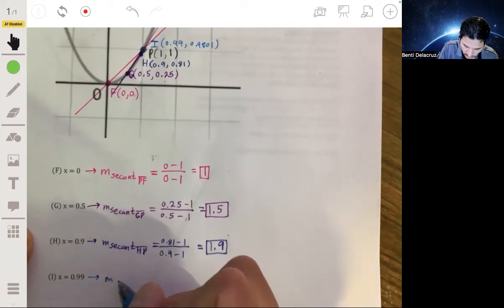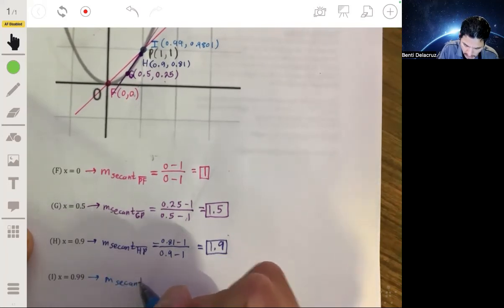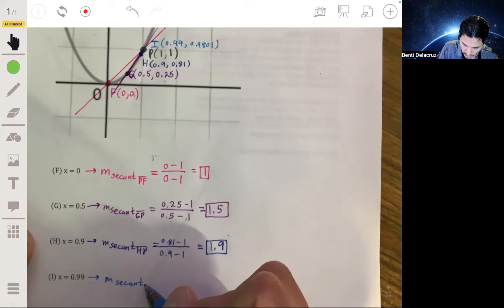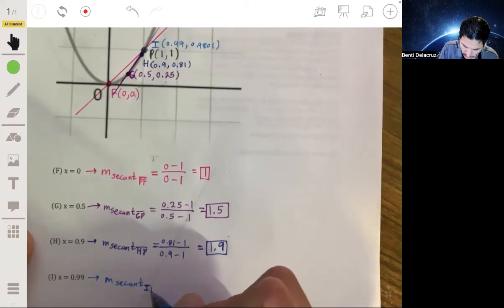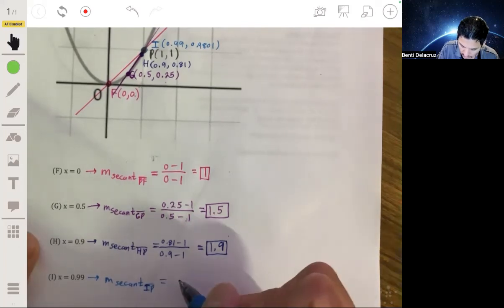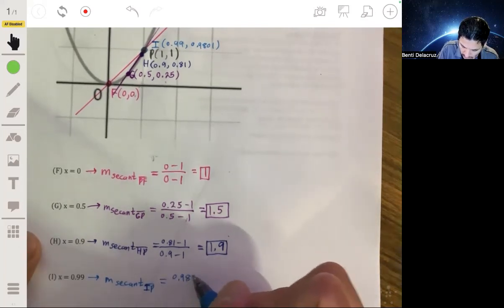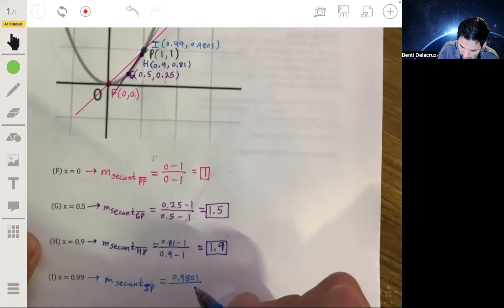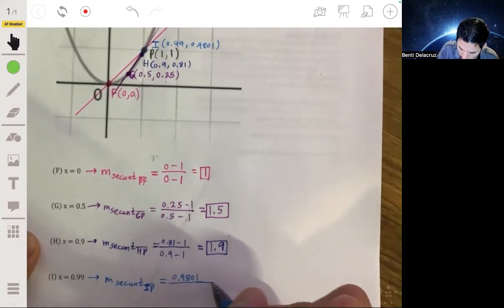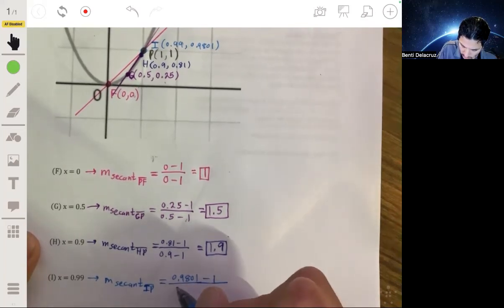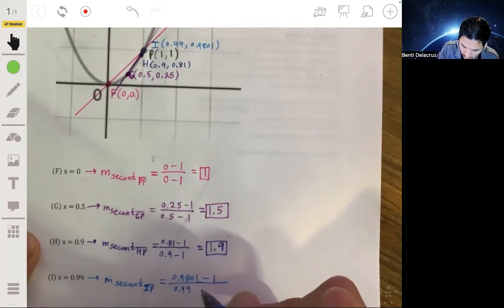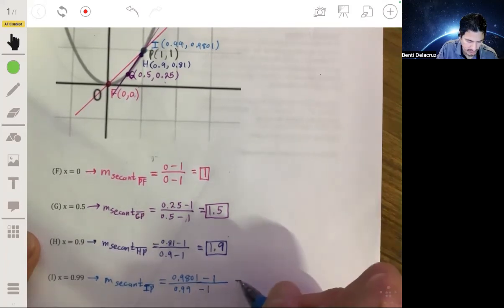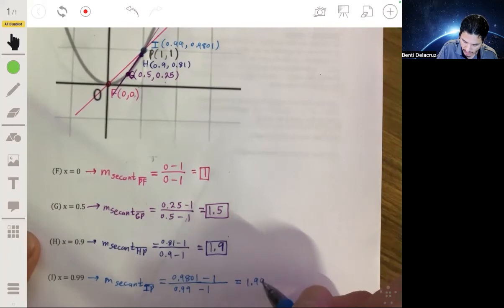So the slope of the secant line through IP would be 0.9801 minus 1 over 0.99 minus 1, and we would get 1.99.